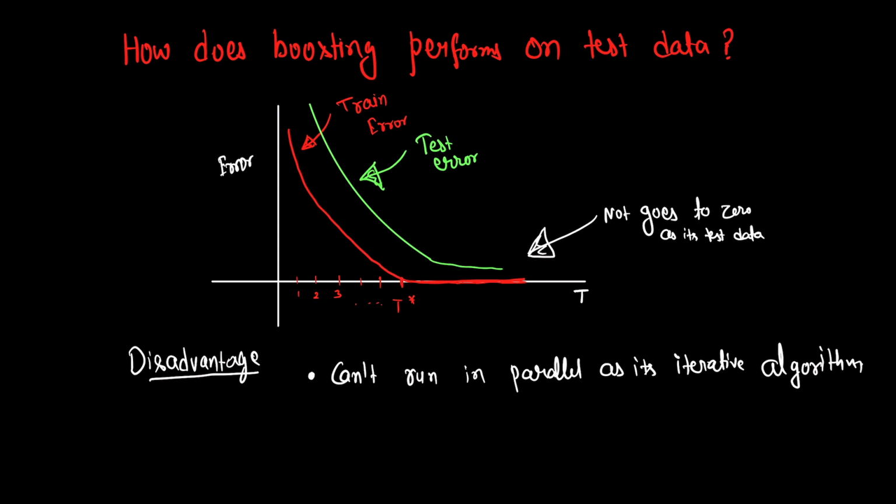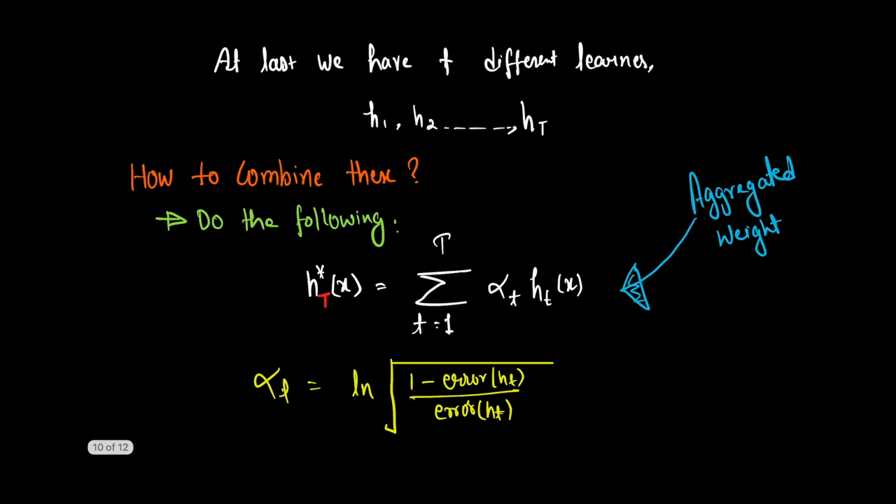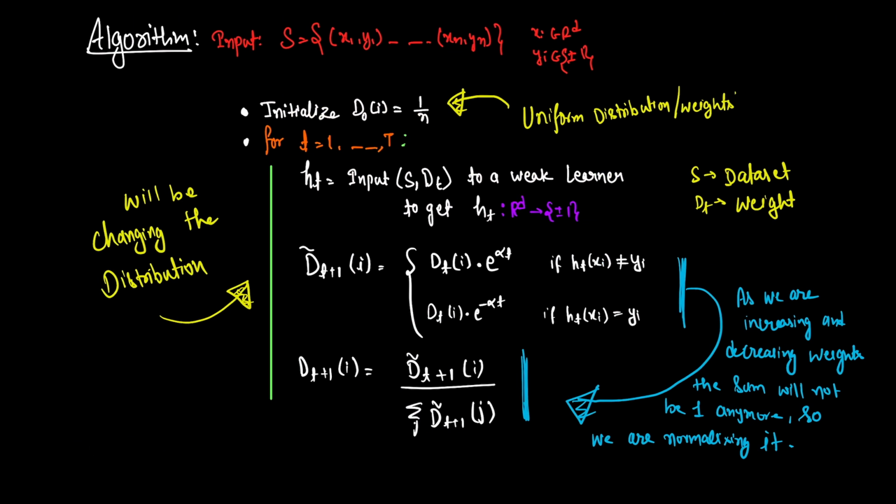Now there is a disadvantage of boosting: it can't run in parallel as it is an iterative algorithm. We see here that we are iteratively doing this boosting, that is the AdaBoost algorithm.